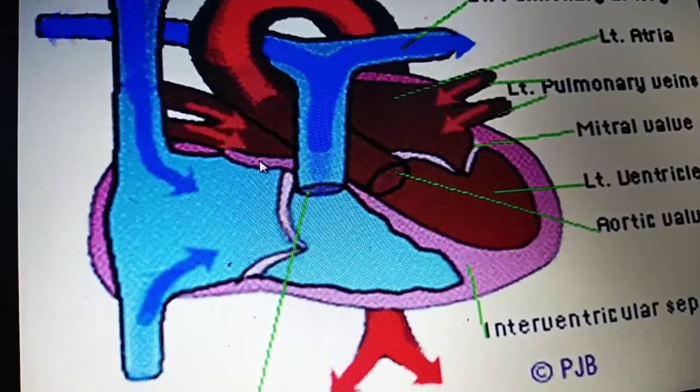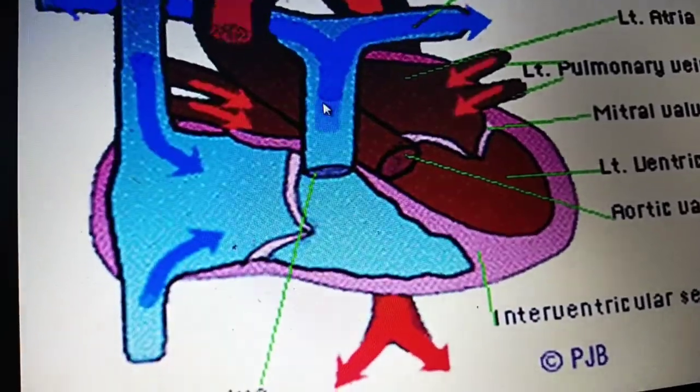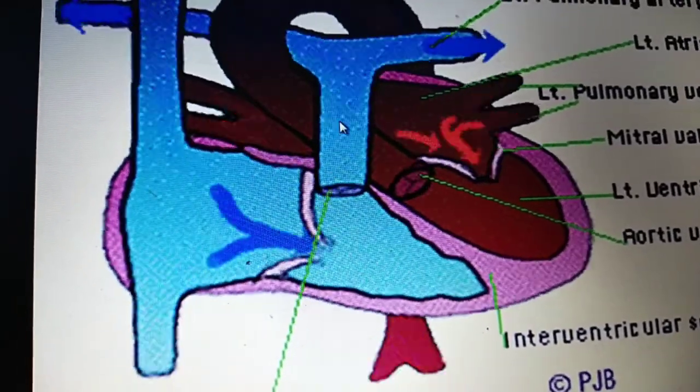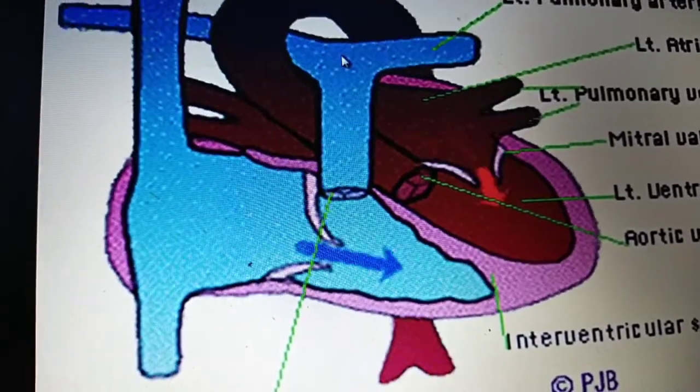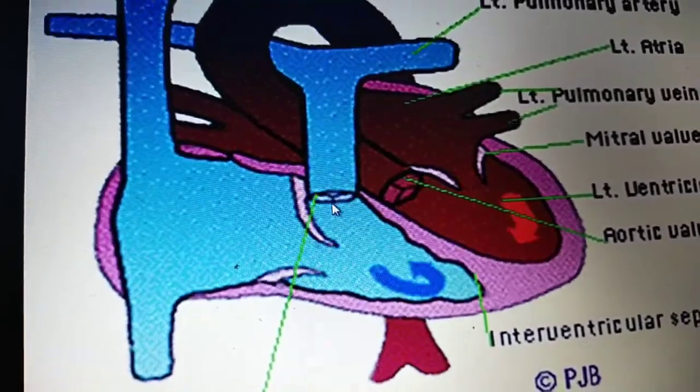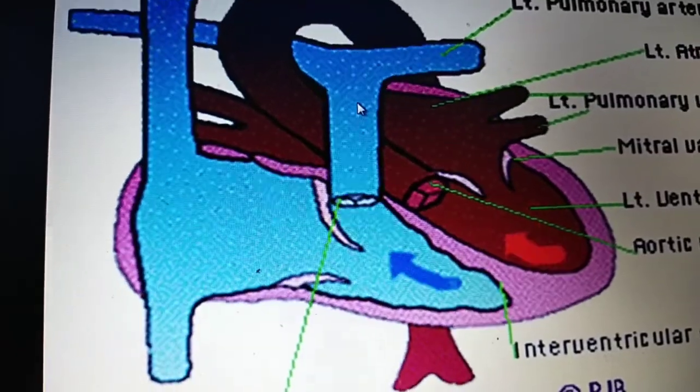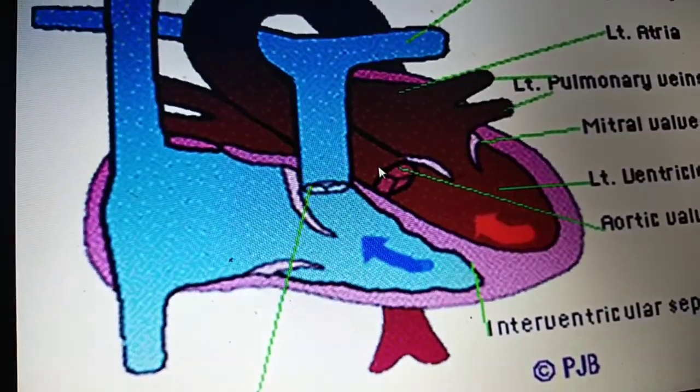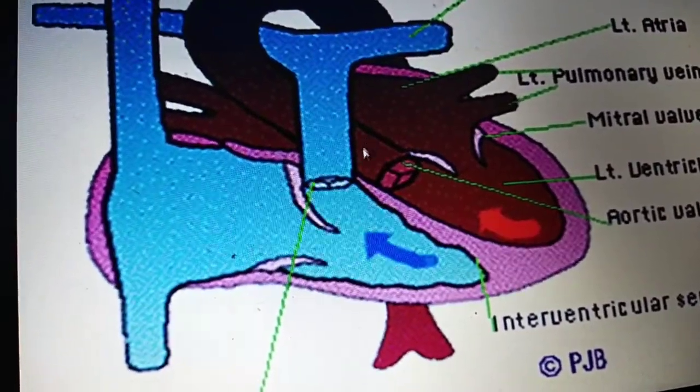It continues upwards and overlaps the root of the aorta. You can see here, this is the root of the aorta.